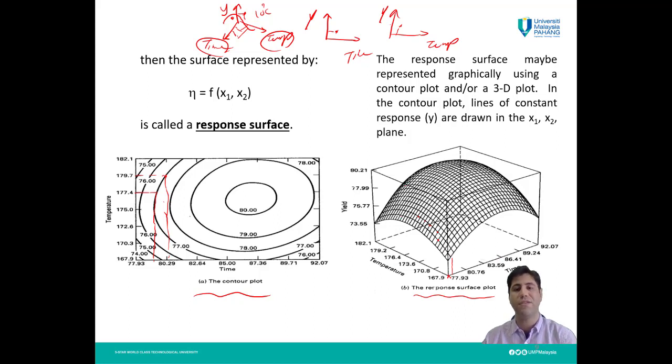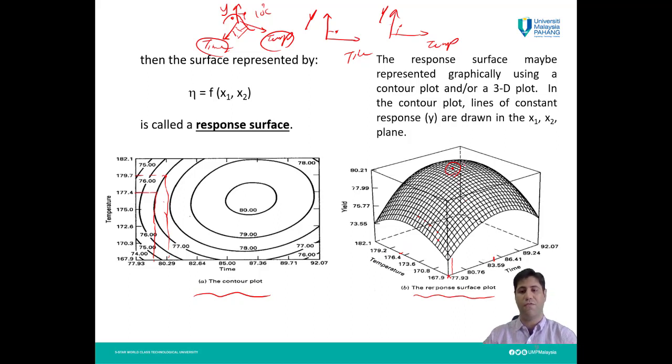Where is the maximum amount of the yield? Simply by this graph, we can understand. For example, somewhere here will be the maximum amount of the yield for this process. So according to this graph, we can understand, for example, for this maximum point, the time is 84 or 85, and the temperature is 177 something.